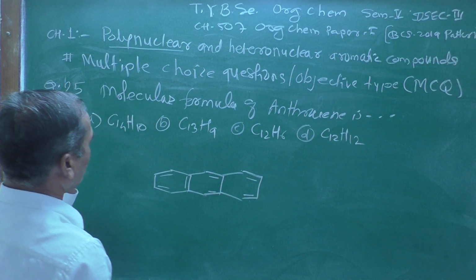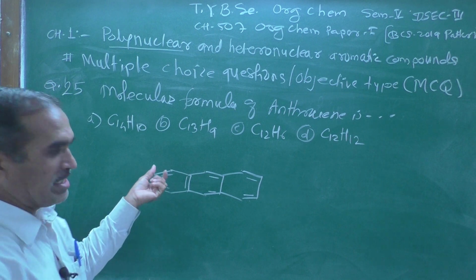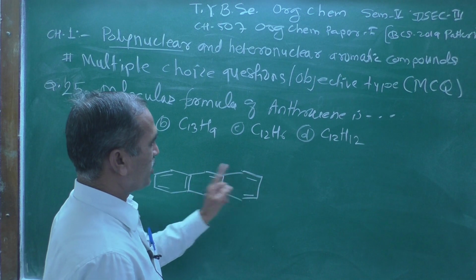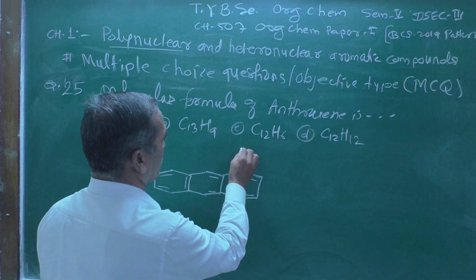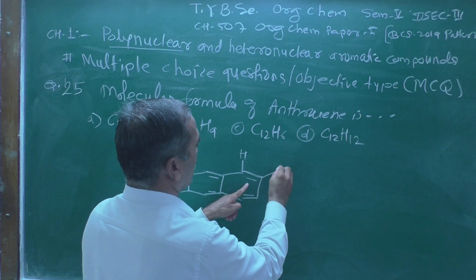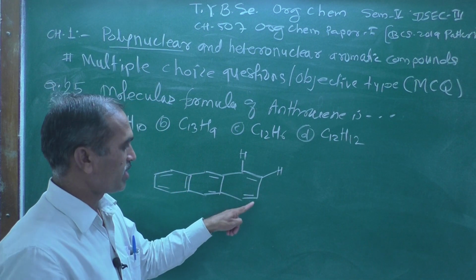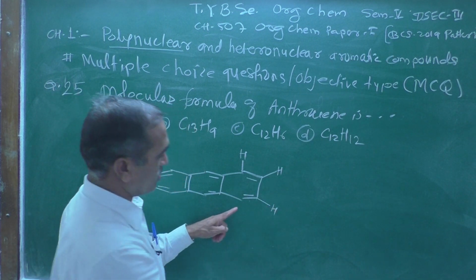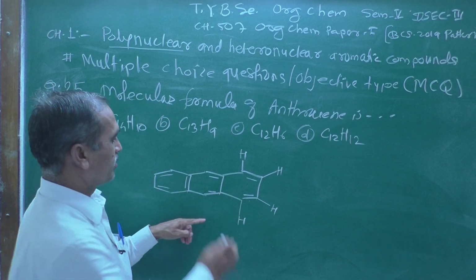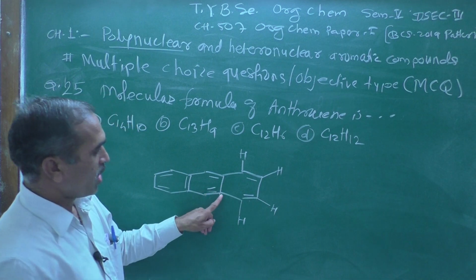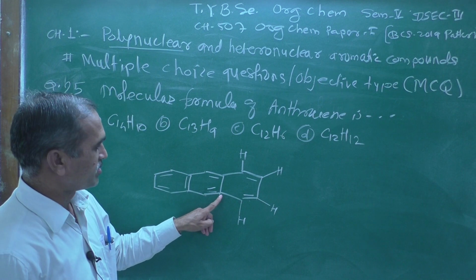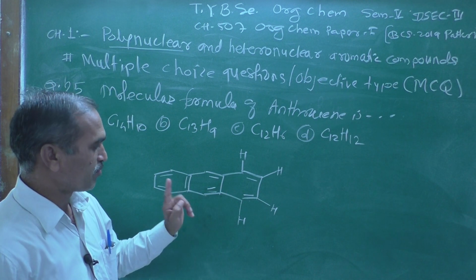Now, as we know, each corner contains a carbon atom. Look here, 1, 2, 3 bonds are there, so there must be 1 hydrogen atom. Look once again, 1, 2, 3 bonds, so there must be a hydrogen atom. Here also one hydrogen atom, at this corner also one hydrogen atom. At this corner there are already 4 bonds, the carbon is satisfying 4 valency, so no need.